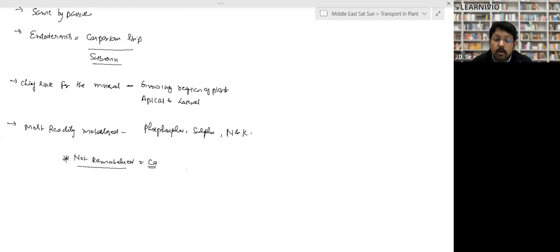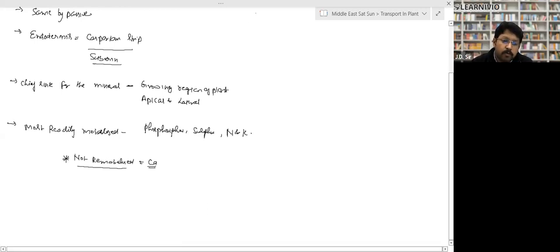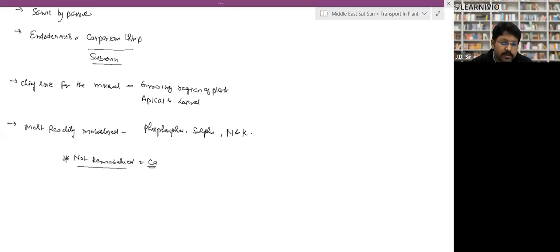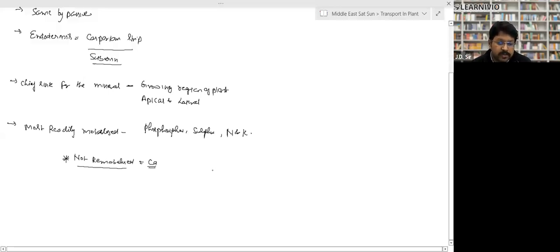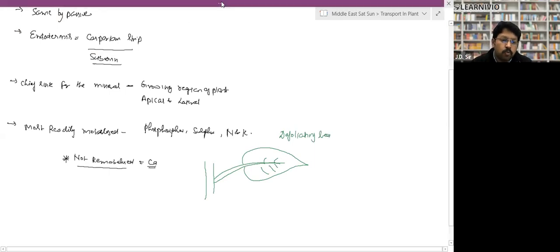But what is remobilization? Remobilization is a different case. A few minutes before I was telling you what remobilization is. Suppose there is an older leaf and this older leaf will fall after a few days or a few hours. So what will happen before this defoliating leaf falls?